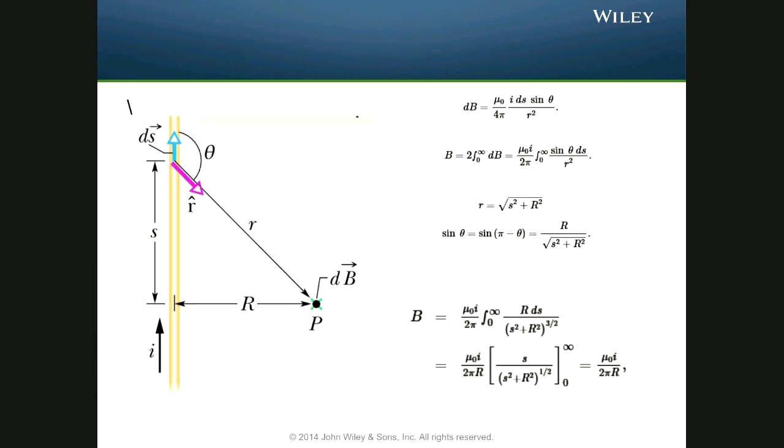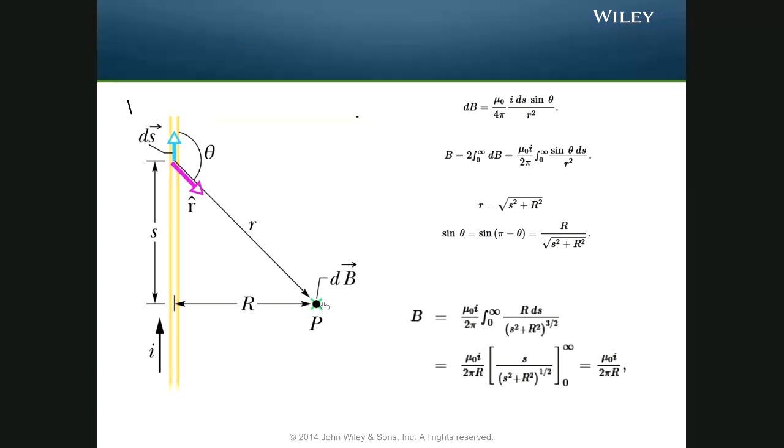Okay. So here you'll notice we set up the problem, where we have a current. This is an infinite wire. A long straight wire means basically infinite. And you'll notice that we have this ds segment going along the wire, and we have our r hat direction going towards the point we're measuring at.